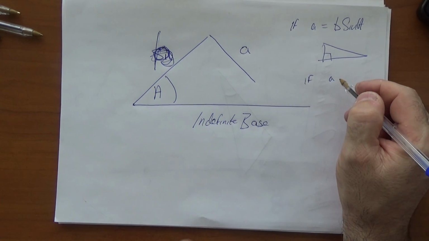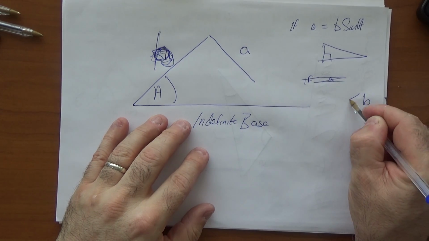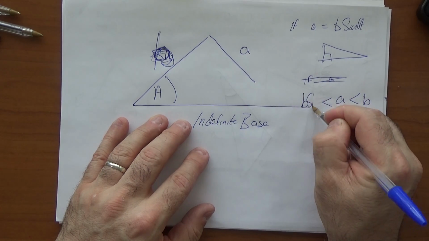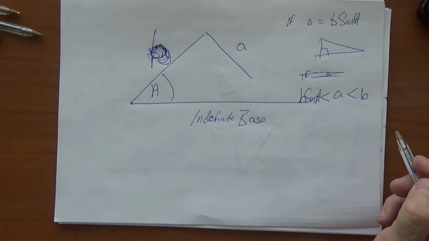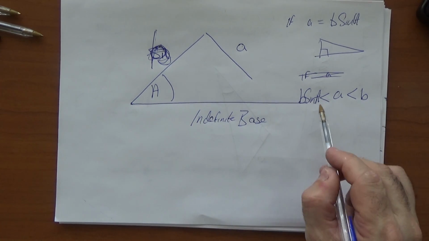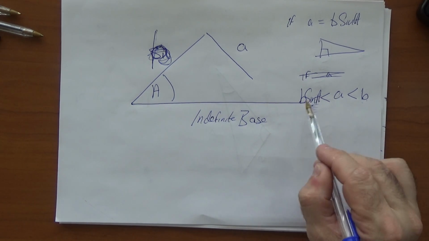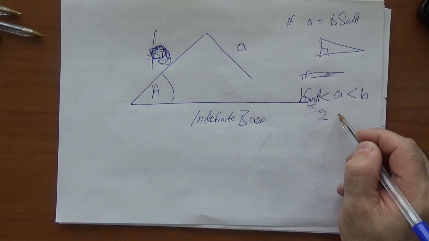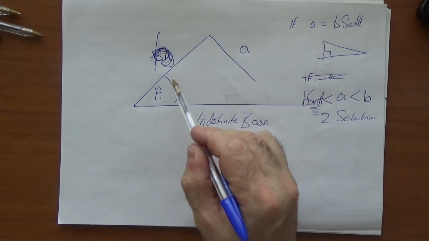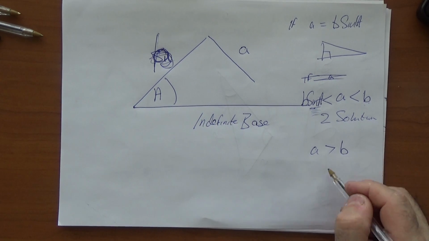If a, and let me put this as a sandwich, if a is less than b and greater than b sine A, so if a is in that sandwich, and think what sine A does, it modifies and shrinks b, then you have two solutions. And if a is bigger than b, you're back to one solution.